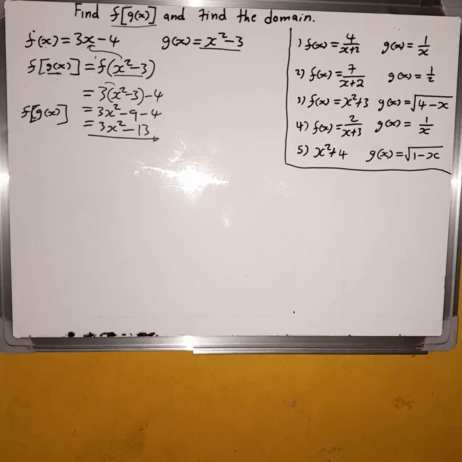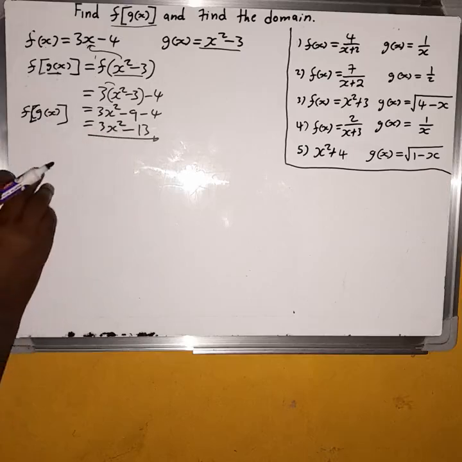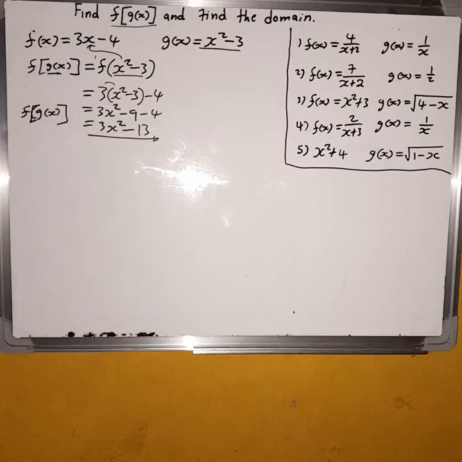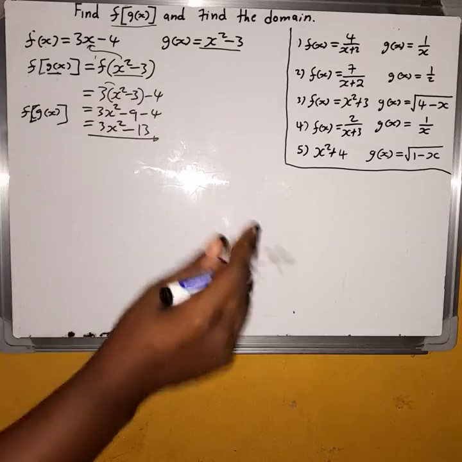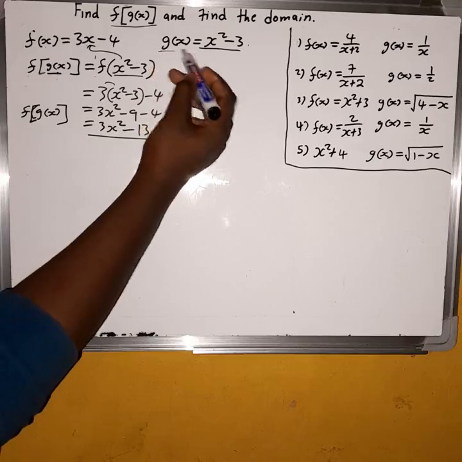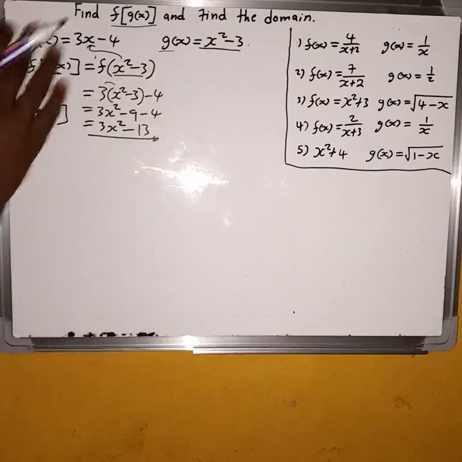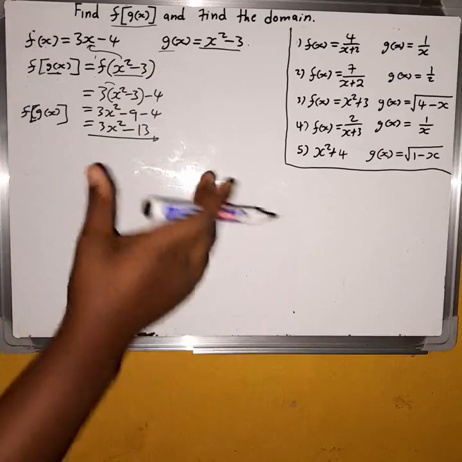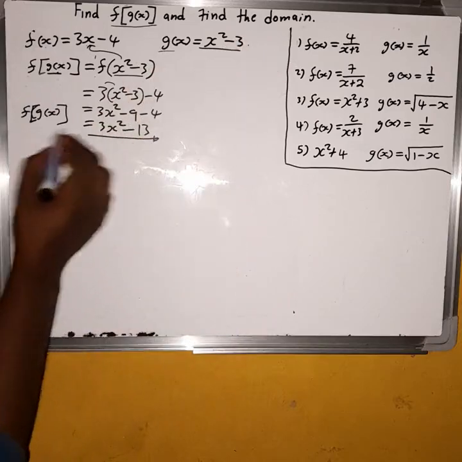This is a composite function. So what about the domain? When you have a polynomial, we're focusing on g of x. We have a polynomial, which means there's no restriction.